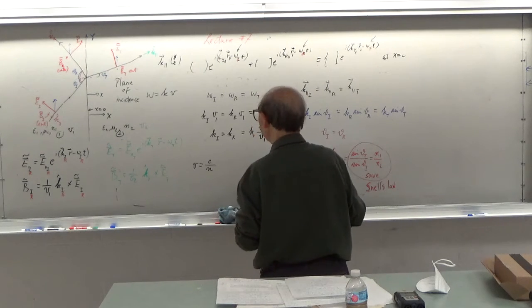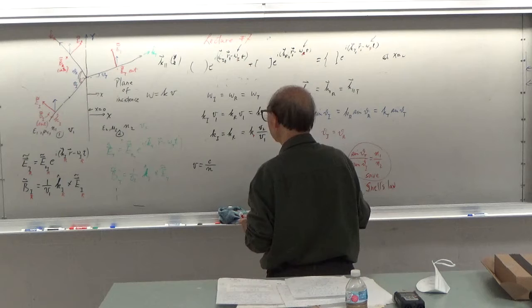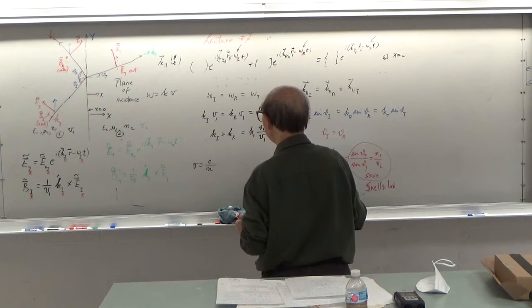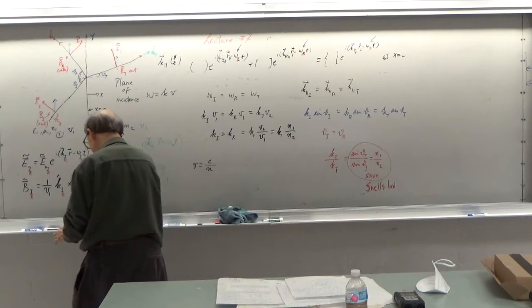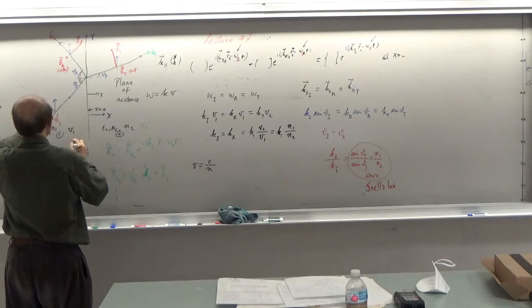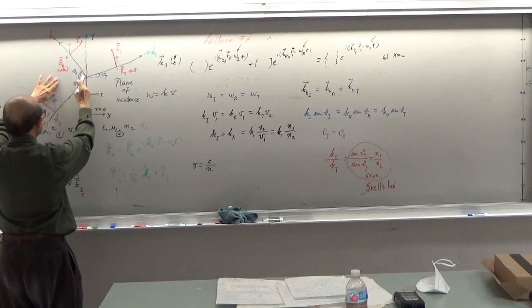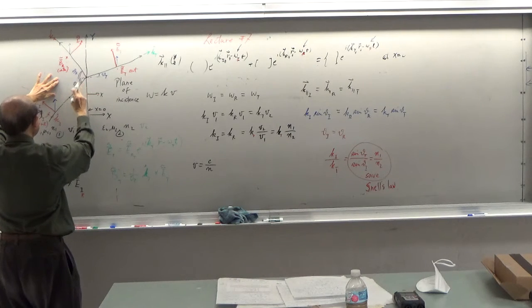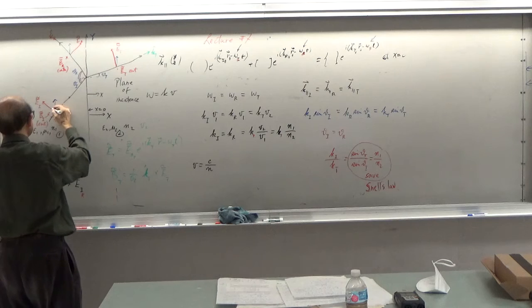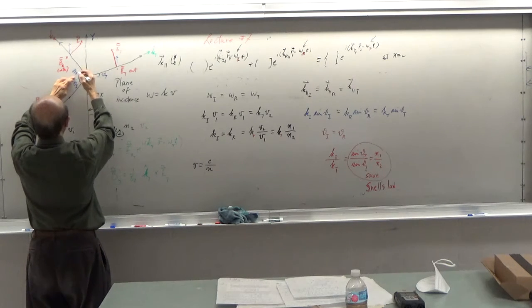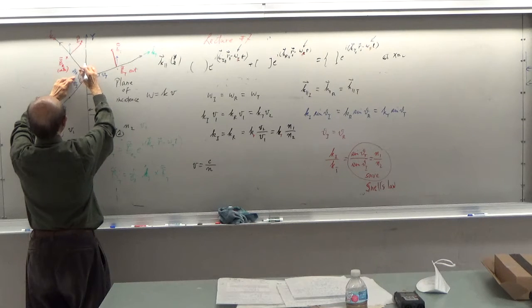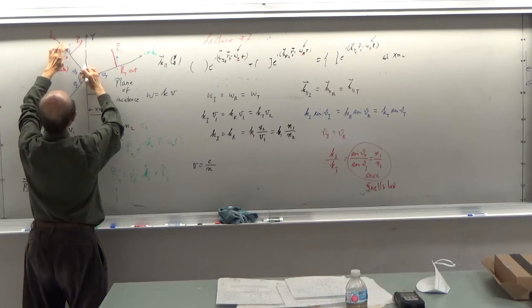And next, let us also work out the angles. So this is the angle of incidence, plus this is 90 degrees. So this is theta I. This is theta R. So this angle is equal to this angle.